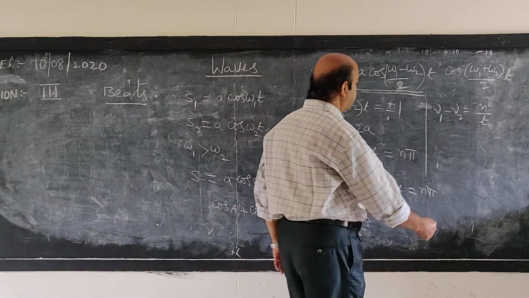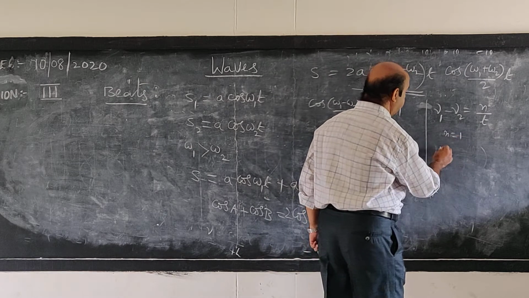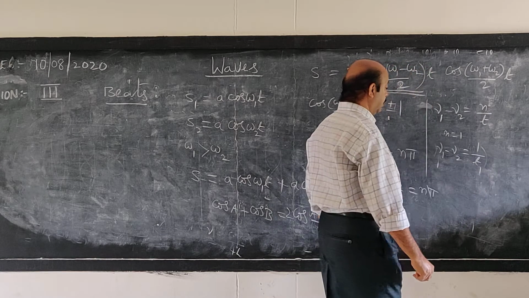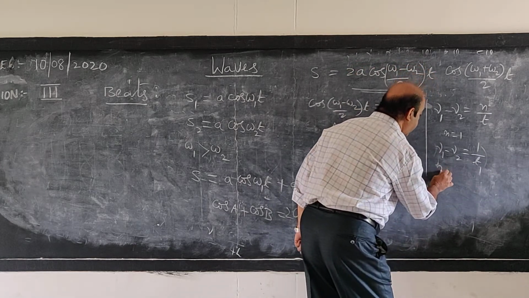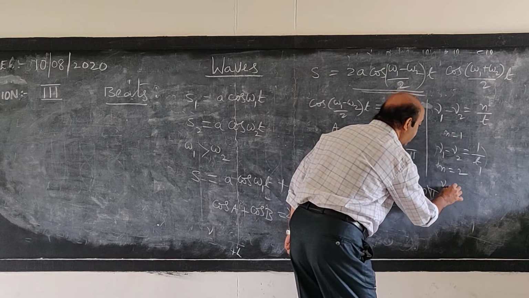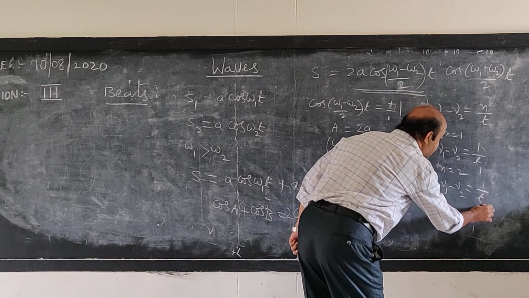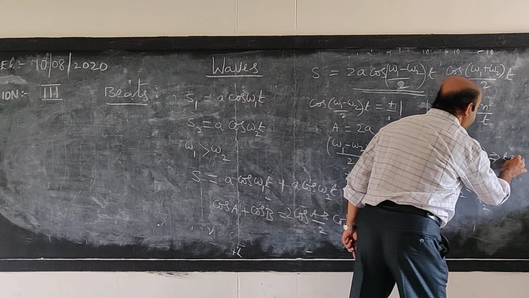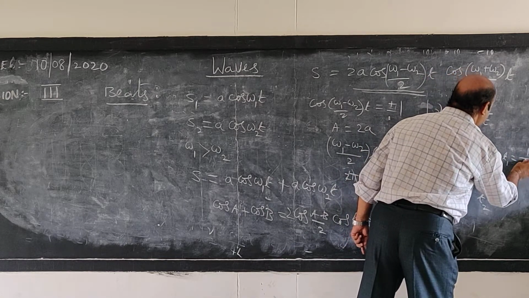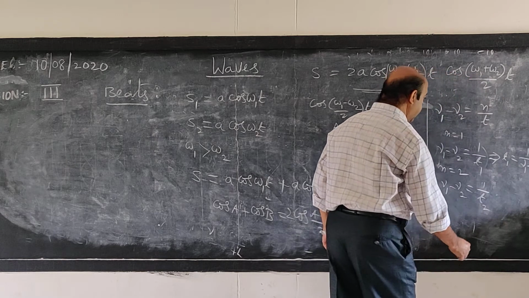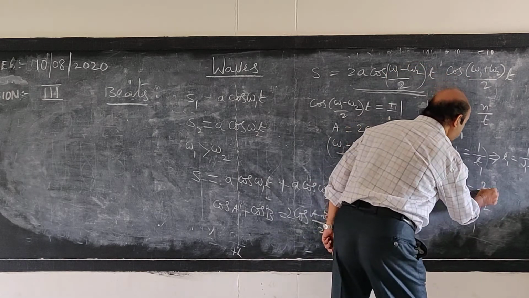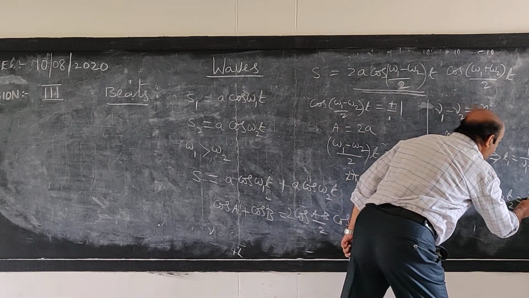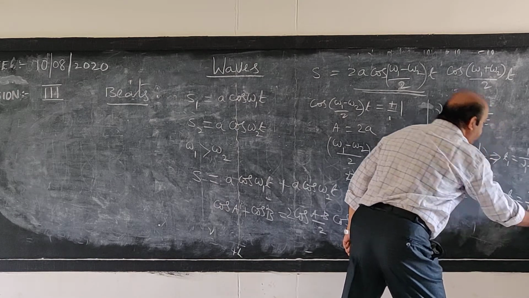Let us take n equal to 1, then mu 1 minus mu 2 is equal to 1 by t1. And for n equal to 2, at some other time t2. So t1 is equal to 1 by (mu 1 minus mu 2), and t2 is equal to 2 by (mu 1 minus mu 2).